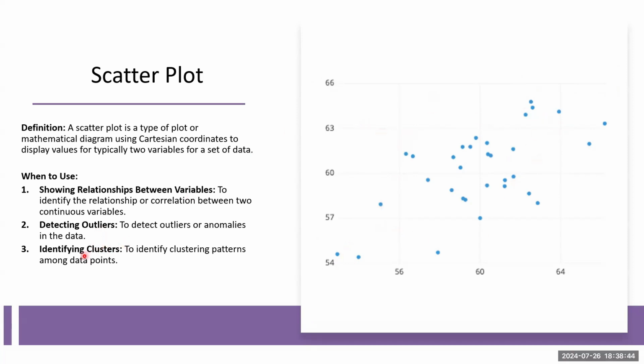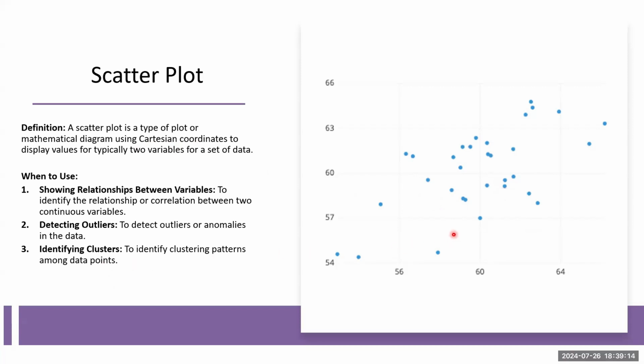And also to identify clusters. Okay, so here we can see that these two are very close to each other. We can call it one cluster. We can also say that, oh, these two are very close to each other. This is a cluster. It means when we plot them in this Cartesian plane, they become close together. And so they may have some similarities. Okay, so we can find clusters based on this.